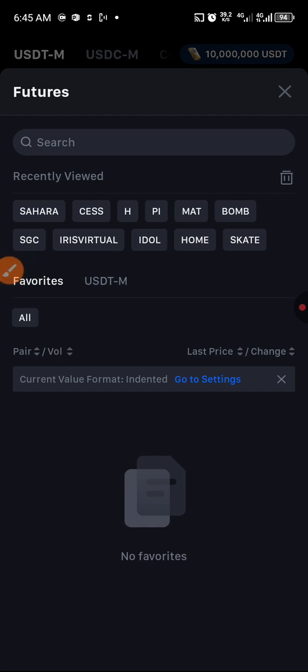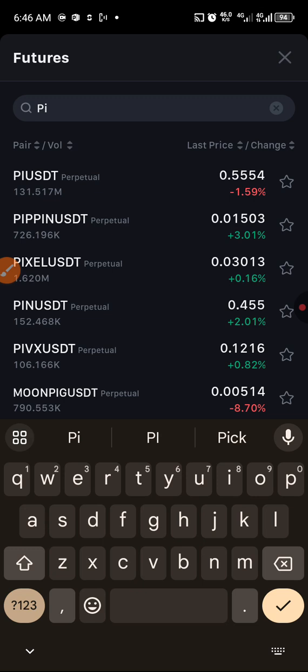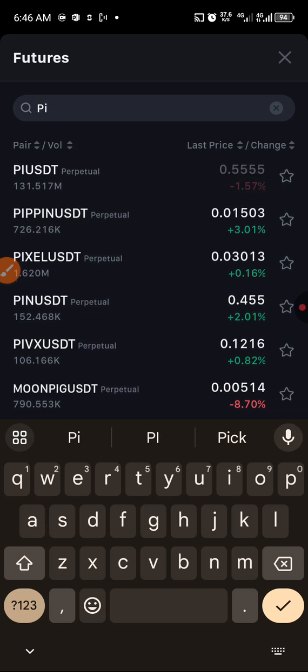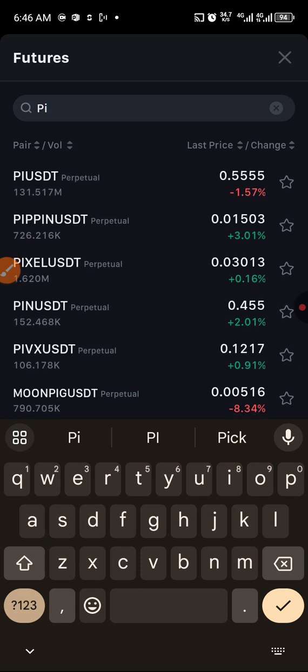When you click on it, it will drop down. Then you will search for the coin you want to trade. For instance, let's say I want to trade Pi. It will bring it up here. These are the names of currencies that look like Pi. So we have Pi USDT. If this is the coin you want to trade, just select it.